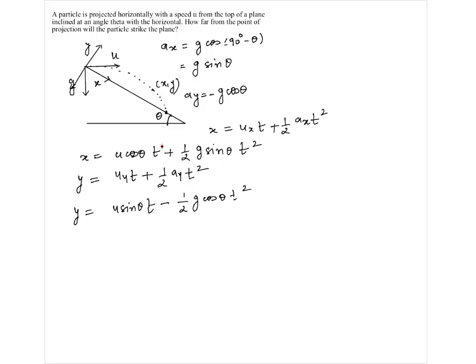Along that direction, where is the displacement? It was 0, y, and y is 0 even here. So, put y equal to 0 for this point.